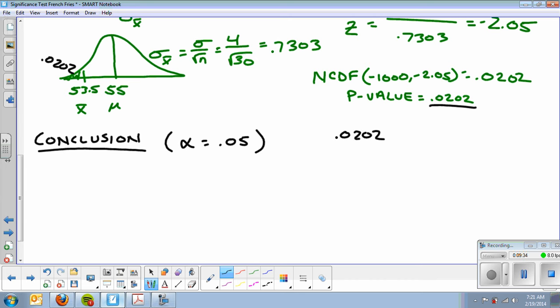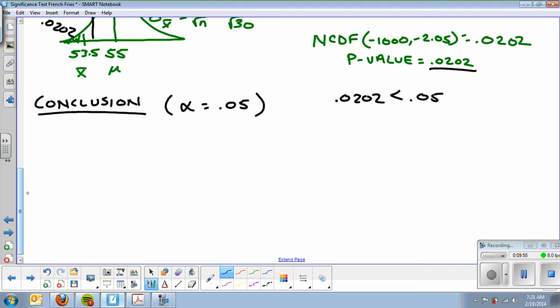It's only about 2%, and it's less than our alpha of 0.05. So we've got a cutoff here, which is alpha, and anything outside of that, we're going to reject the null hypothesis. We're going to say that probability is so unlikely that we're willing to reject the null hypothesis, or whatever we believe the mean is.